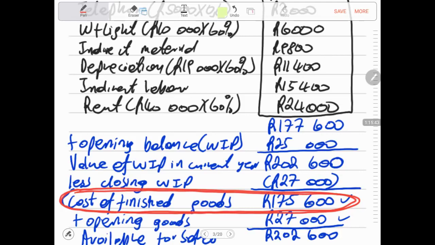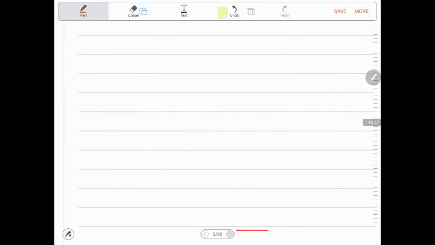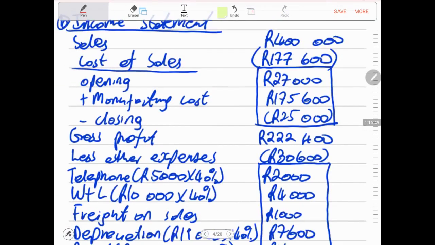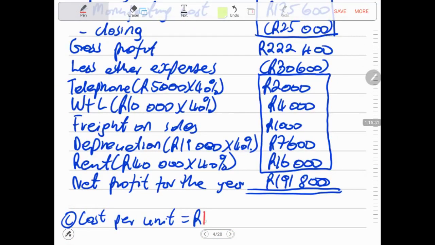So now out of that 175,600, we divide that by the total units that were manufactured. So we say 175,600, divide this by 1,000 units, and this will give us 175 rand 60 cents.